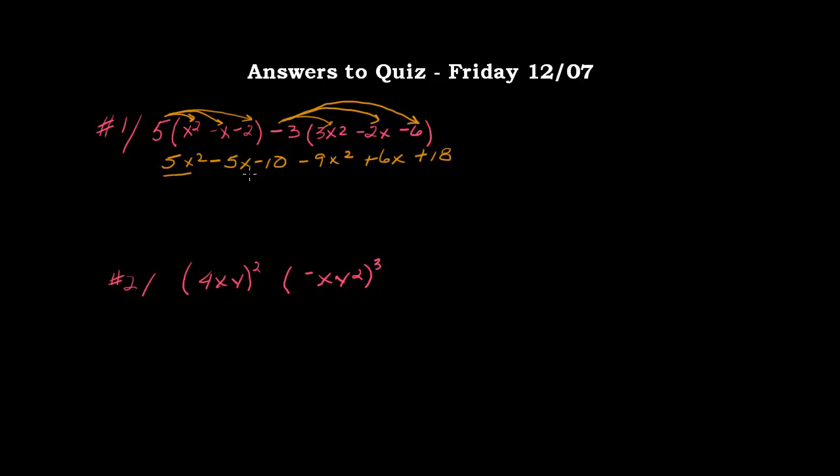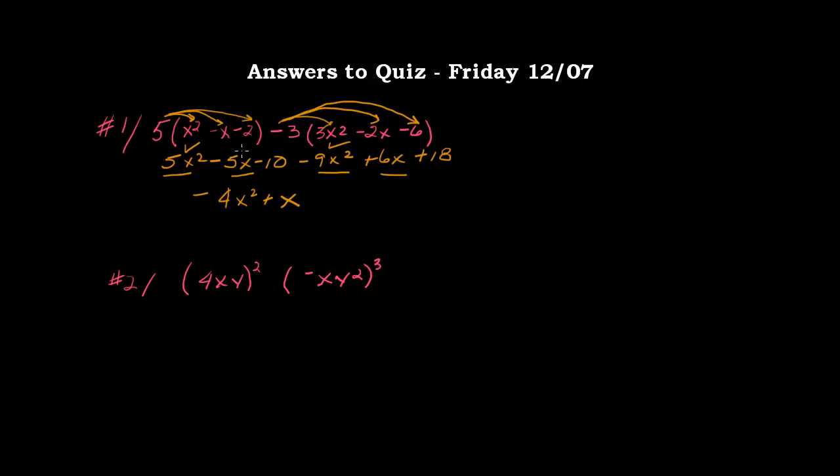So here is the second degree. So combine negative 9x squared and 5x squared and we get negative 4x squared, and we can check that off. Next is the x to the 1 term, so a negative 5x plus a positive 6x is plus 1x, but we don't write that.